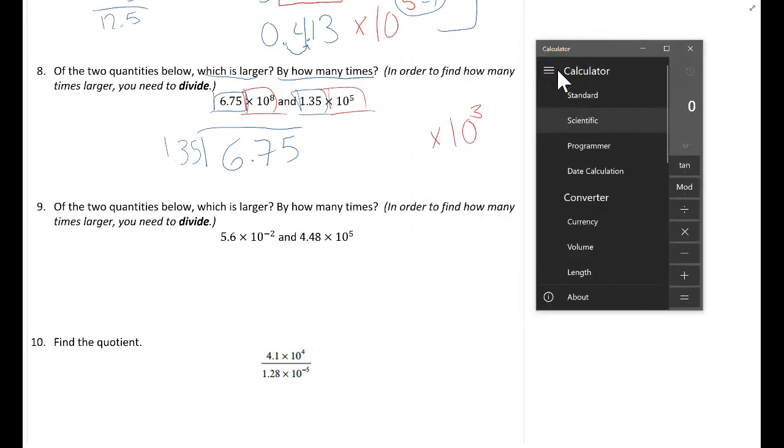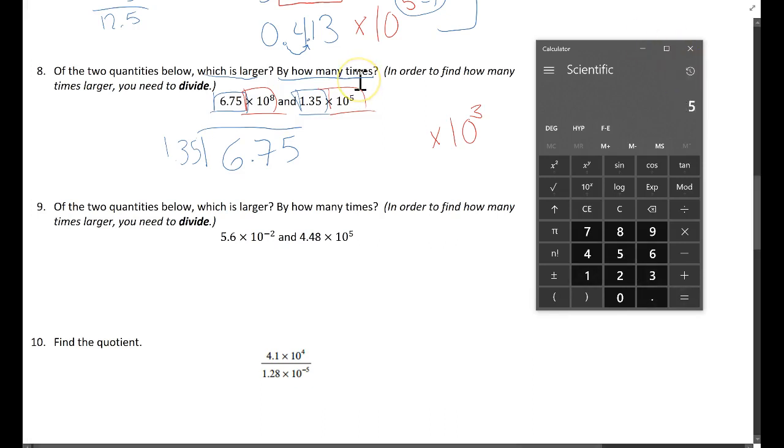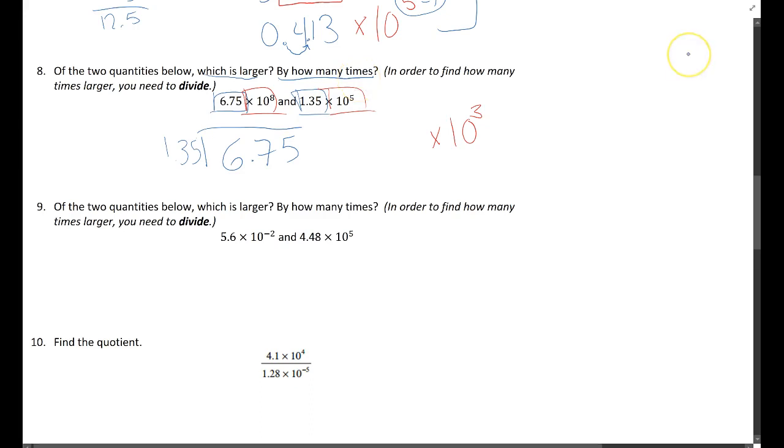You can do that by clicking here. There's no reason to be using a standard calculator in 8th grade. And I say 6.75 divided by 1.35. And I get 5. So, thank you, calculator. I get 5.